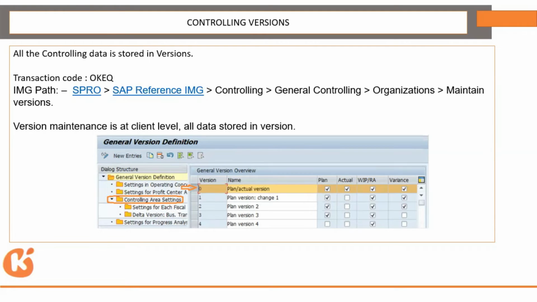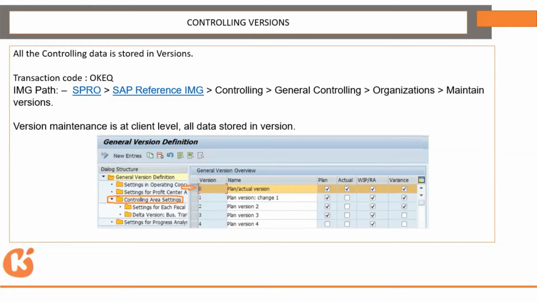So all these indicators and options are available for default version 0. In case we need multiple versions, we have the opportunity to create 1 to 100. Apart from 0, we have 1 to 100 versions that we can create, and we can activate only the plan activity for those. We cannot activate the actual activity. That is only available with the default version.